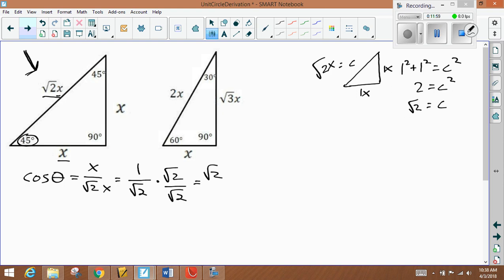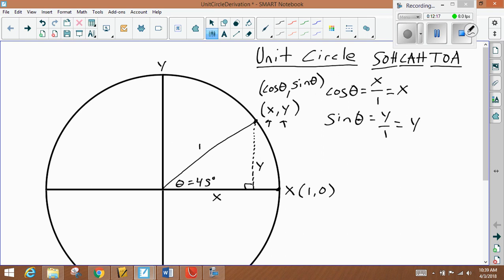And the square root of 2 times the square root of 2, that's the square root of 2 squared. What happens when you square a square root? It goes away. So what I just found was the x-coordinate of our triangle back here. So this is root 2 over 2.